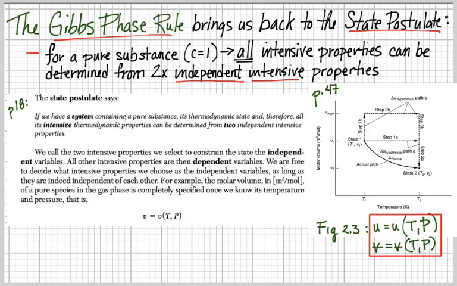So we take Chapter 1 and we use that information in Figure 2.3, where you're going to see that we have an actual path, and we have a change in 2 states. State 1 with T1 V1, State 2 with T2 V2. So the internal energy of the system is actually a function of temperature and pressure.